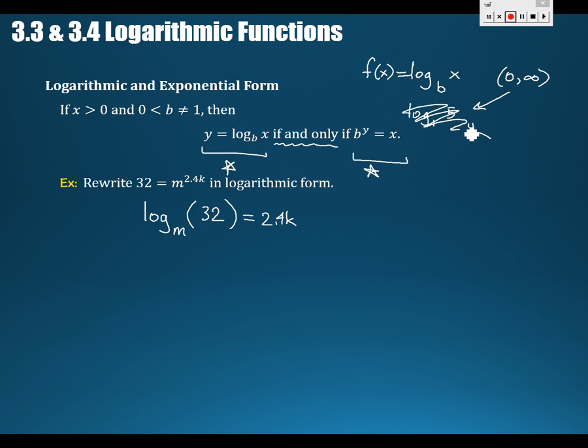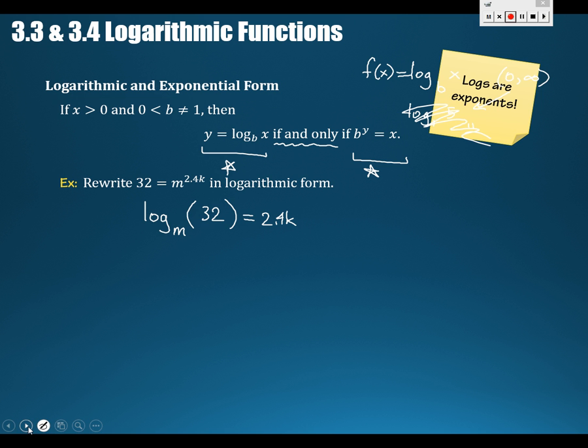So that's why B can't be 1. Again, we want this to be a function of X, and we want it to take all positive reals as input. And the other things won't allow that to happen. So that's good. I'm glad you actually did what I asked and thought about that. Thank you.